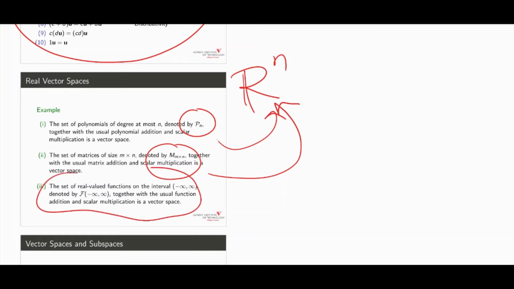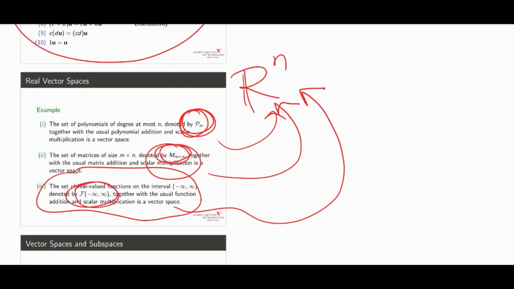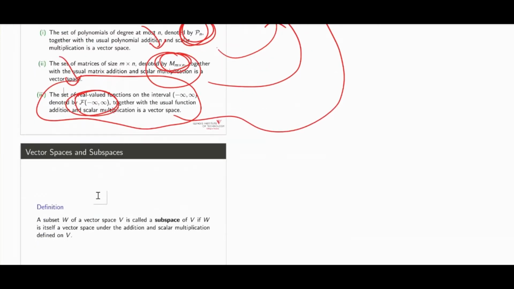And even real-valued functions, together with the usual function addition and scalar multiplication, also behave as if you are in Rn. So we will call all these sets together with their usual operations vector spaces, okay? These are the vector spaces that we have seen in section 4.1.